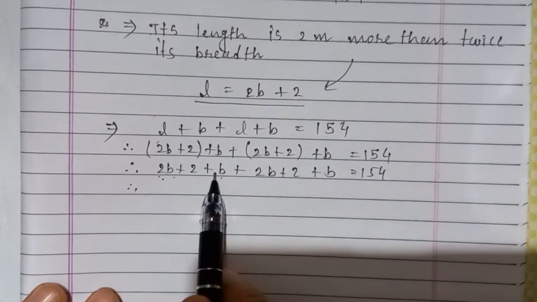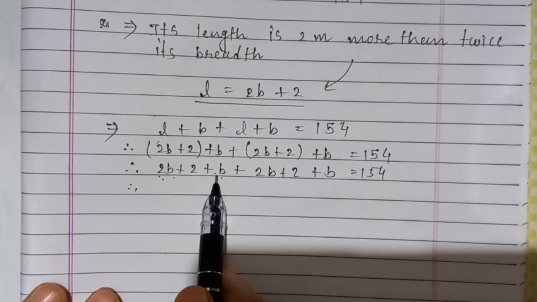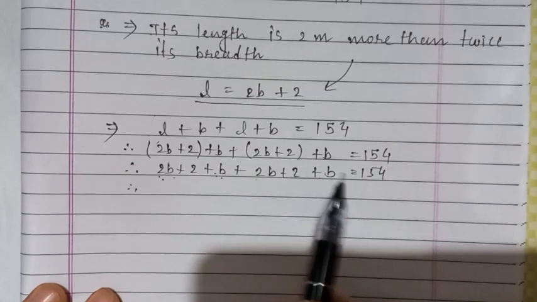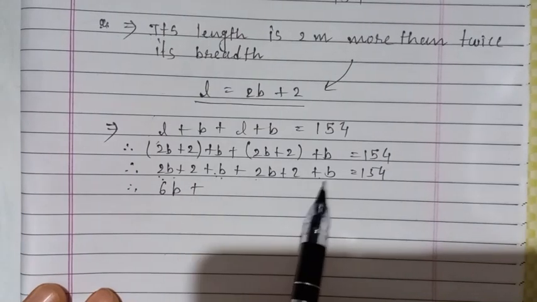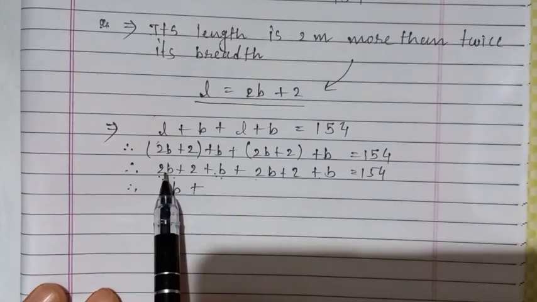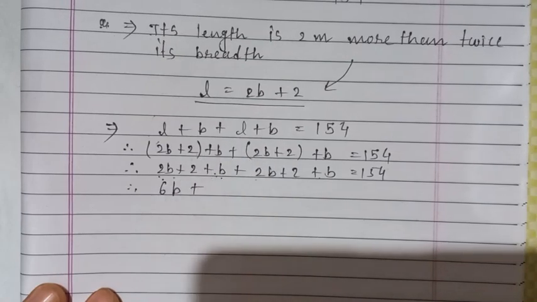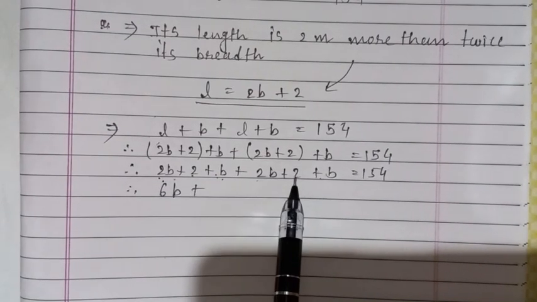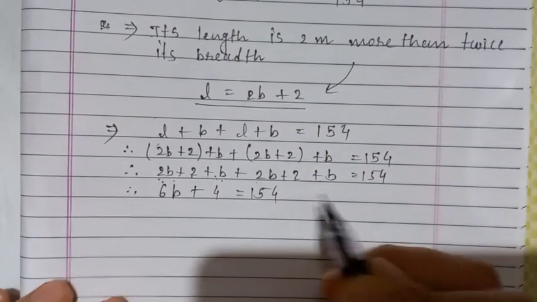So 2 plus 1, here the coefficient of this B is 1. So 2 plus 1 is 3, 3 plus 2 is 5, and 5 plus 1 is 6. So 6b. Now you can add constant terms. You can't add 2b and plus 2; you add only terms which have the same variable, same type. 2 plus 2, it is 4. So this is 6b plus 4 equals 154.